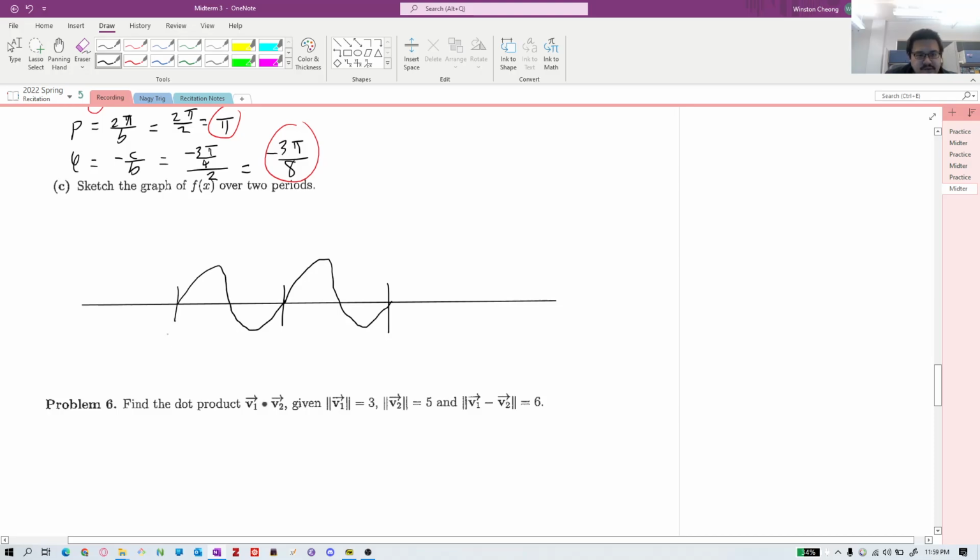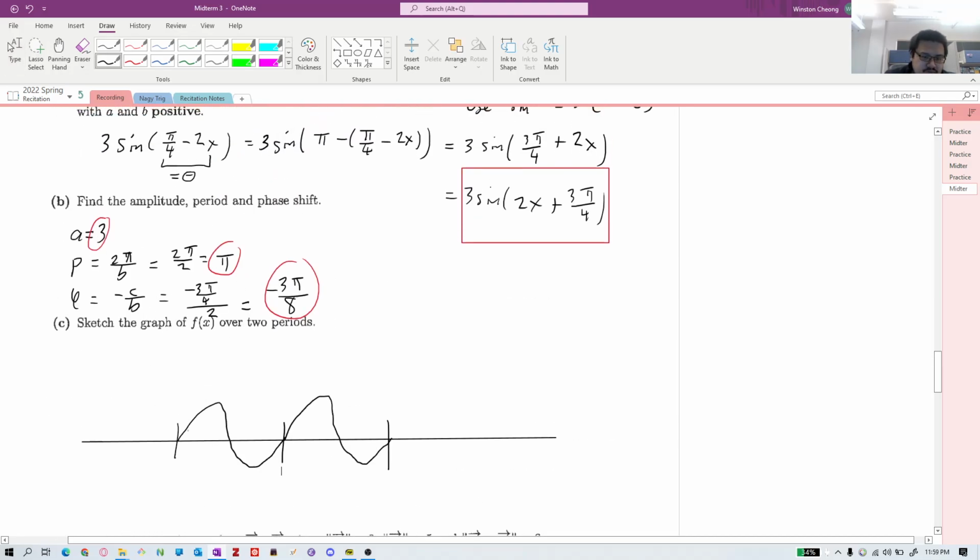This is where I start, so I want that to be my phase shift, which is what we calculated here, minus 3 pi over 8. Now to go from this part to this part, I go the length of an entire period, so I add pi to that. Let's do the calculations off to this side. We start at our phase, and then we add on our period, which is pi.